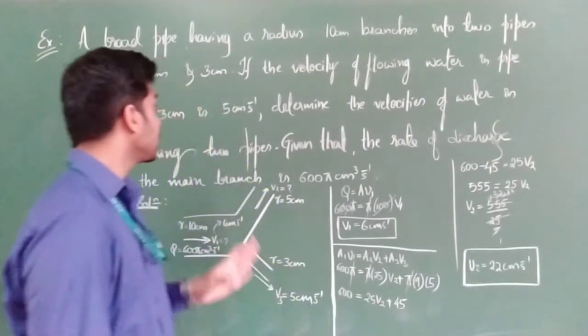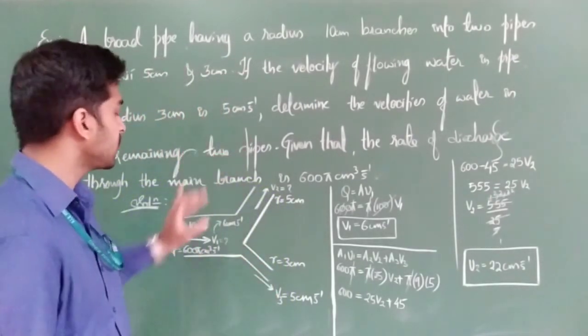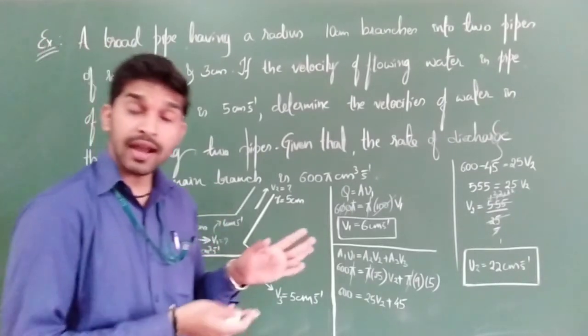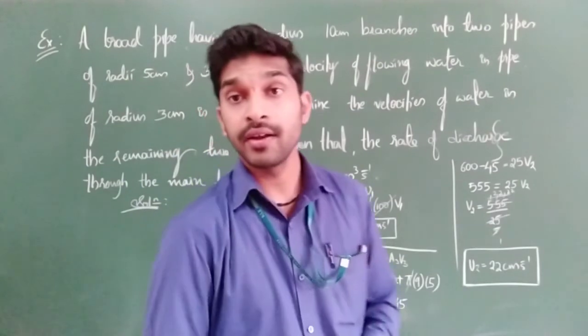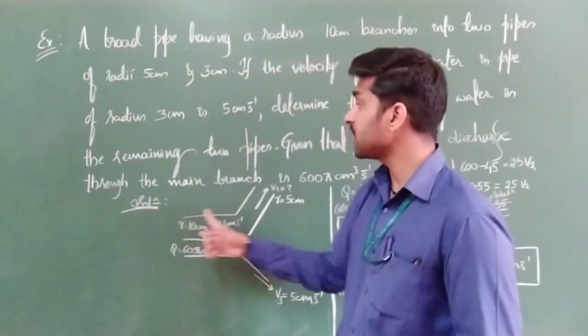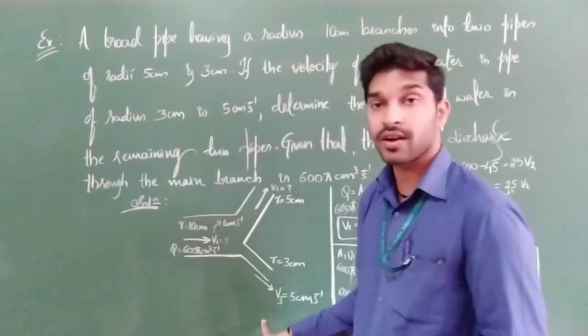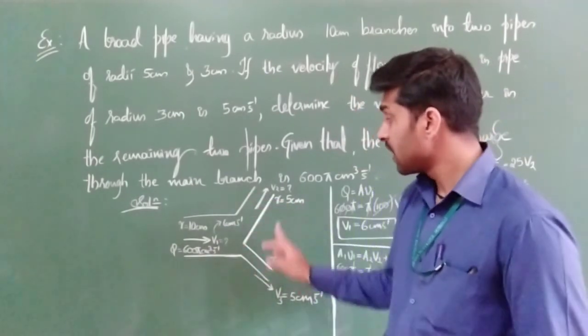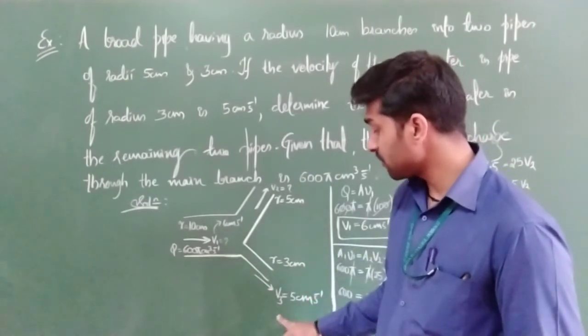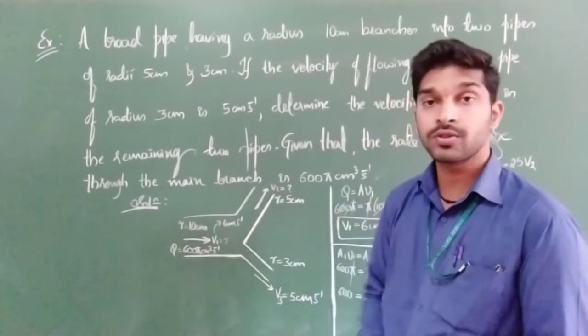So in this question, first of all they had given that we have a main branch, and that main branch is again divided into two different branches. Radii values they had given. Velocity for only one they had given, and the remaining two they had asked.